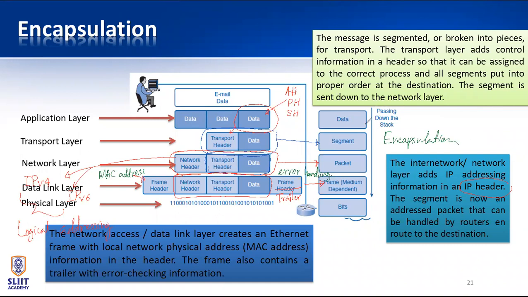When you are sending your data packets from the application layer to the physical layer, we are adding control information from the application, presentation, session layers, as well as from the transport layer, we are adding header information or control information. From the network layer also, we are adding some control information. From the data link layer, it will add control information to the header, the front end, as well as to the trailer, right? So that process is known as encapsulation, right?